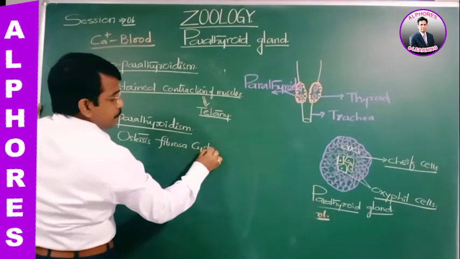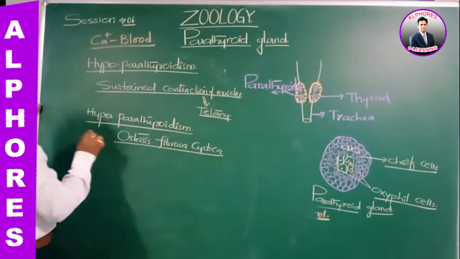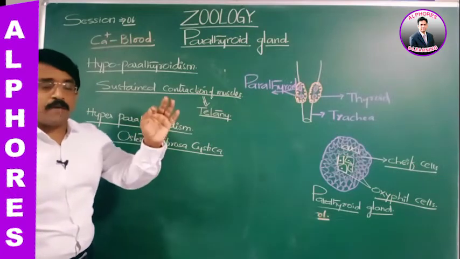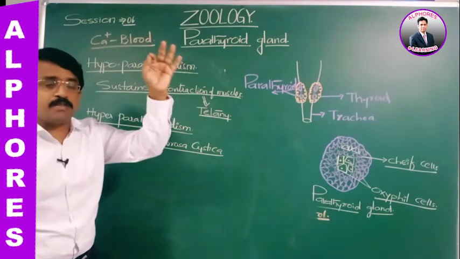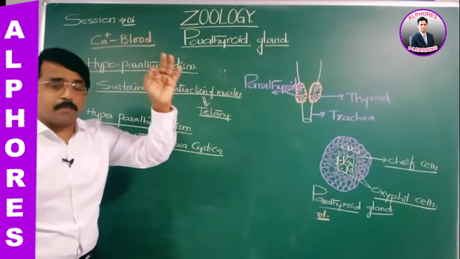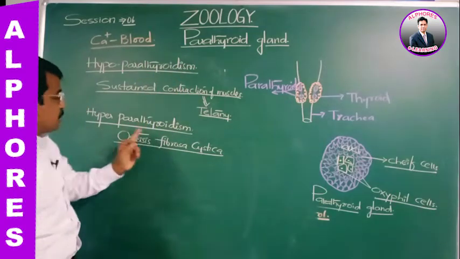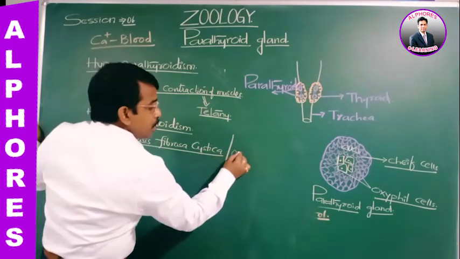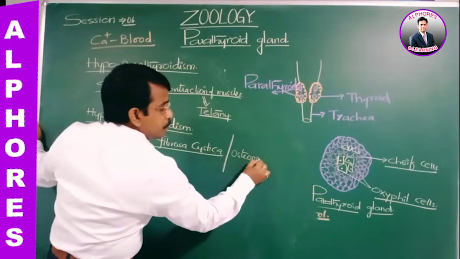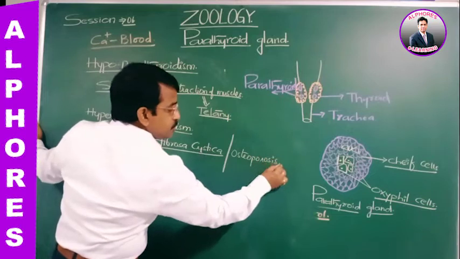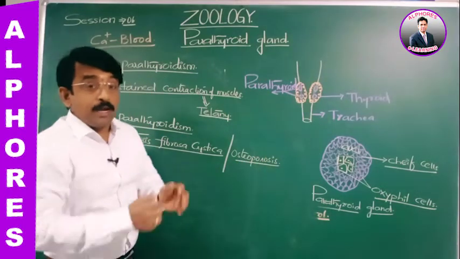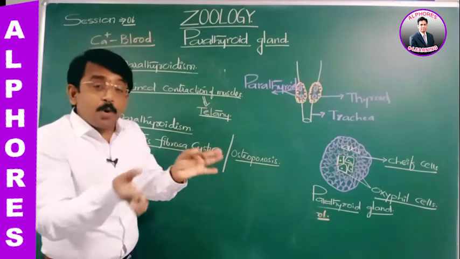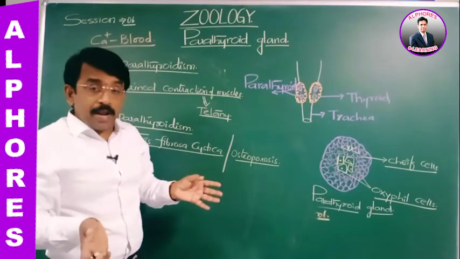Due to hypersecretion of the parathormone, cavities are formed in the bone, resulting in the accumulation of fibrous tissue, which is osteitis fibrosa cystica, or else it is named osteoporosis.